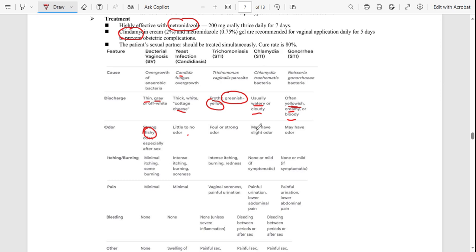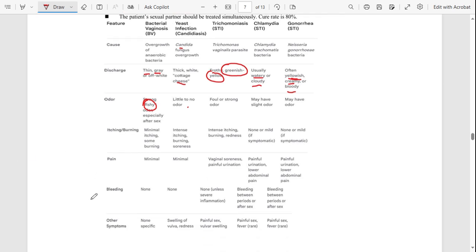In chlamydia and gonorrhea, the itching might not be there. You also have pain. In BV, the pain is not really there, including candidiasis. In trichomoniasis, you are going to have vaginal soreness, even pain during urination, dysuria. In chlamydia and gonorrhea, there is also going to be pain during urination, including lower abdominal pain. With pain in the abdomen, you can suspect PID, because those are the causes.